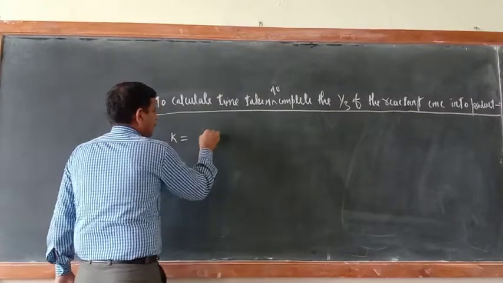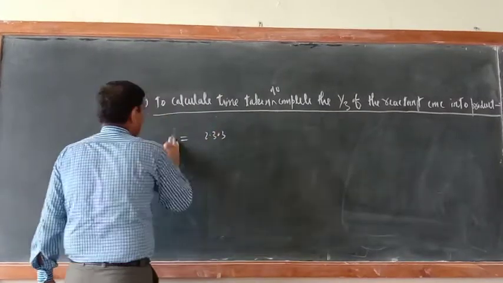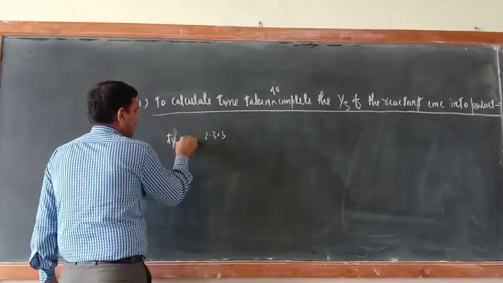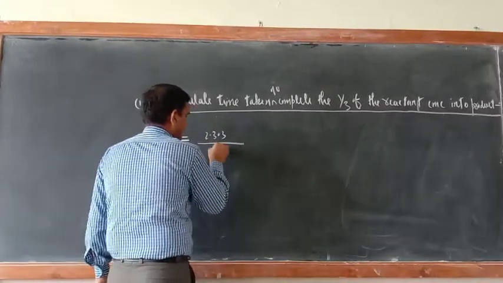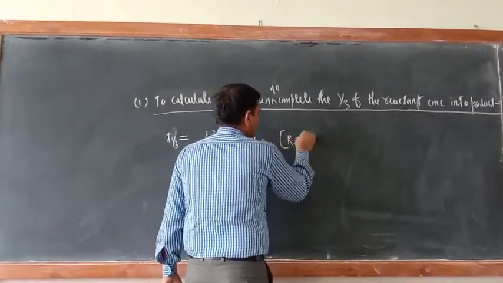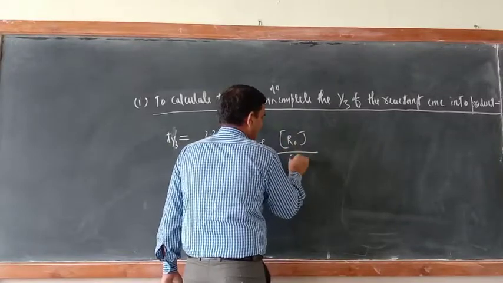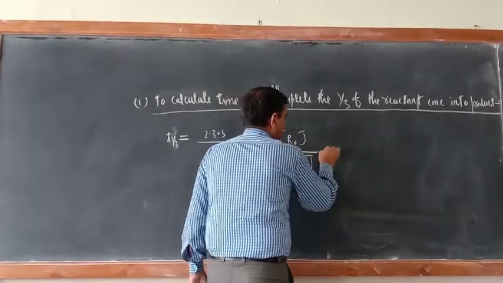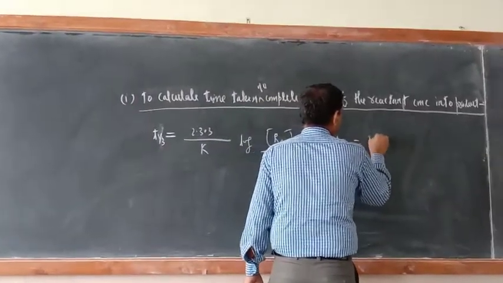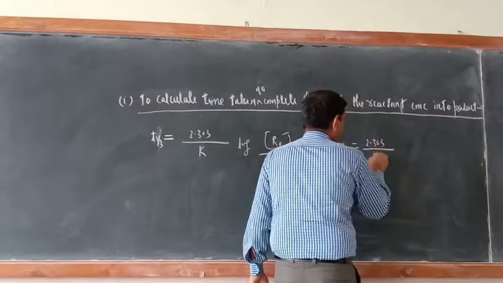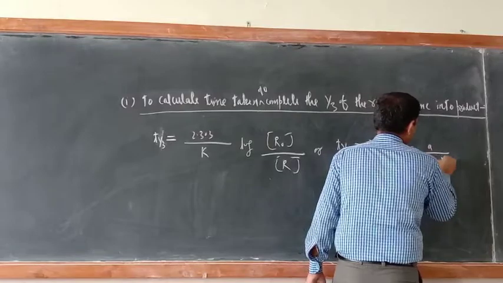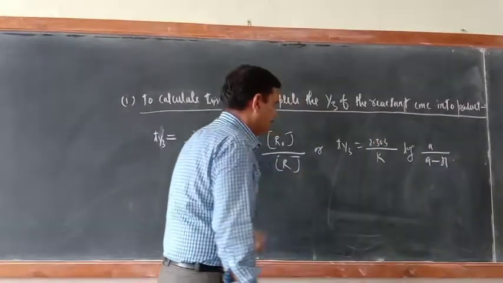K equal to 2.303... Directly we can write here t 1/3 equal to 2.303 by K, log R0 divided by R. We can write this equation also: t 1/3 equal to 2.303 divided by K, log A by A minus X. So either one you can use.